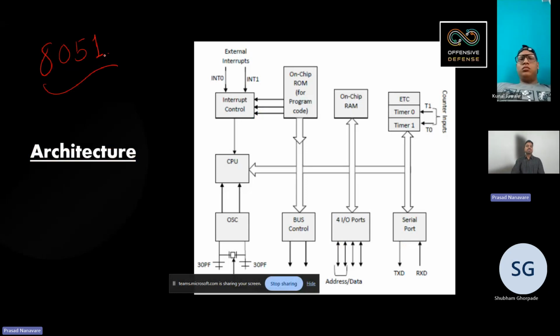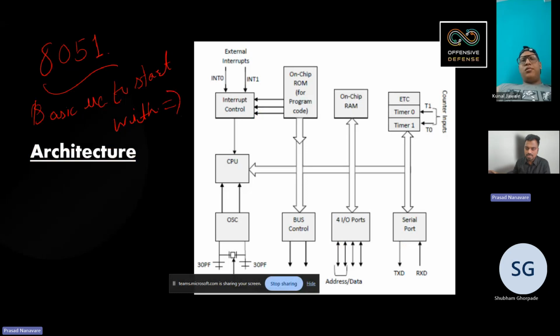This is a very basic microcontroller to start with, so I've just taken this one as an example. This architecture will give you a very clear idea of what exactly is inside a microcontroller and how it works.